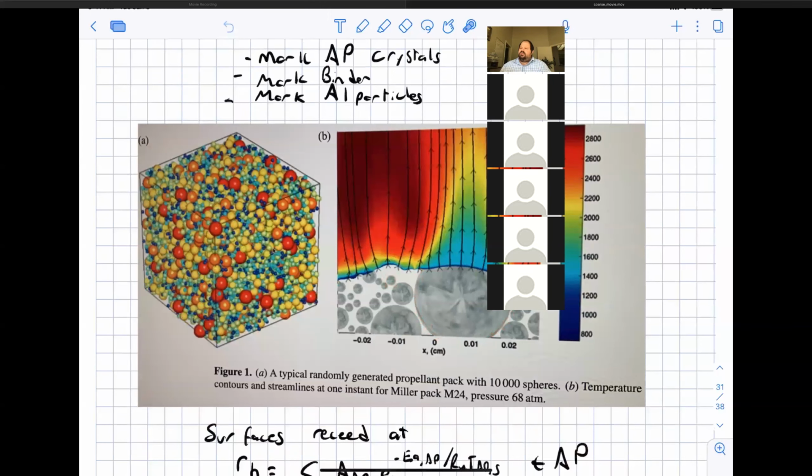And then when you start to put everything together, you can randomly pack, it's called a random pack, all these different ingredients of a heterogeneous propellant, and place them inside of a binder, which is right here. And then he basically just starts the simulation and allows it to burn.